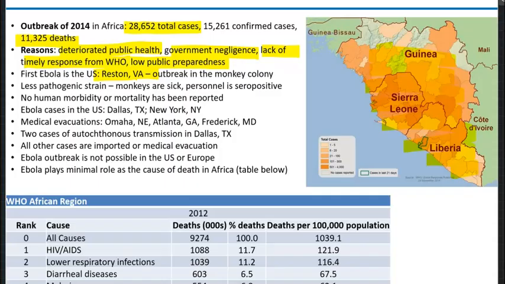So the first person on U.S. soil who had Ebola was a guy with a lot of relatives in Liberia, which he visited, and then he came back to Dallas and felt sick, went to the ER, said, I feel shitty. The physician goes, did you go to Liberia? And he goes, yeah. Did you meet anyone or get in contact with anyone who had Ebola? And he goes, no, which was a lie because he did and he knew.